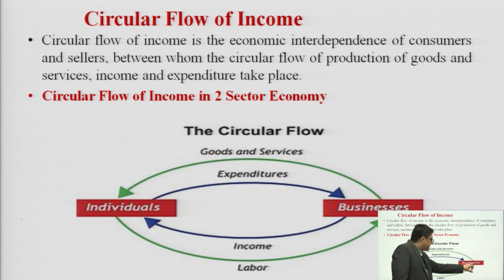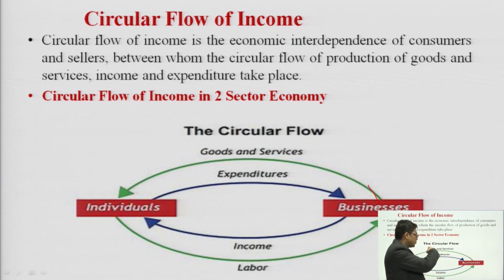So businesses are utilizing individuals or laborers from society, who work in the various firms or companies. After working there, various goods and services are produced, and these goods and services are ultimately purchased by individuals.